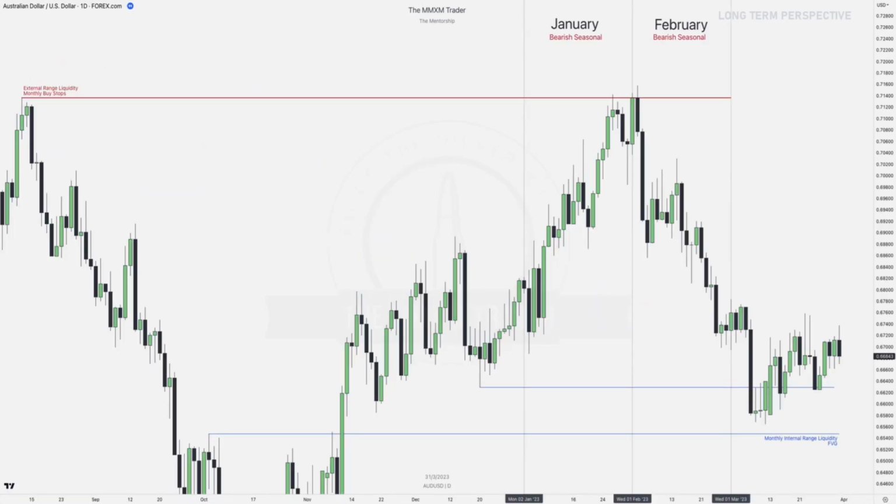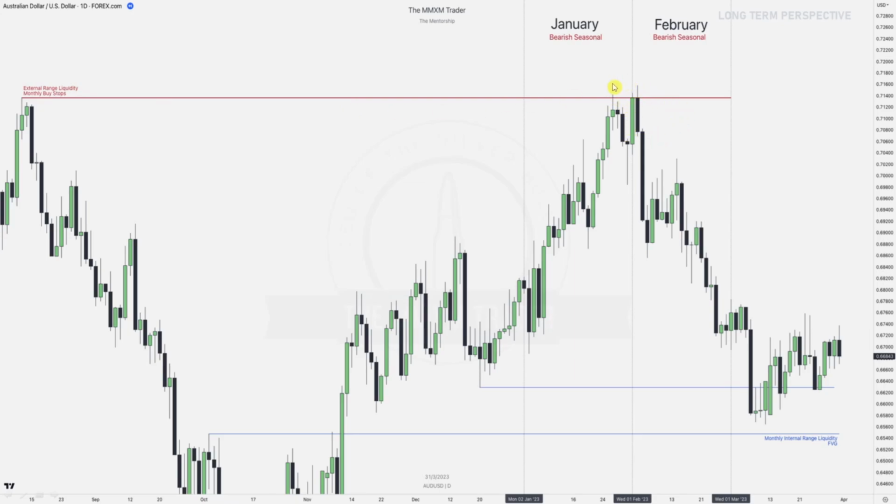So pulling up the seasonals, right, we have a bullish seasonal for January and February on the DXY, which means all foreign currencies should go lower, right? So we should have a bearish seasonal in January and February for the Australian dollar because the US dollar has a bullish tendency.